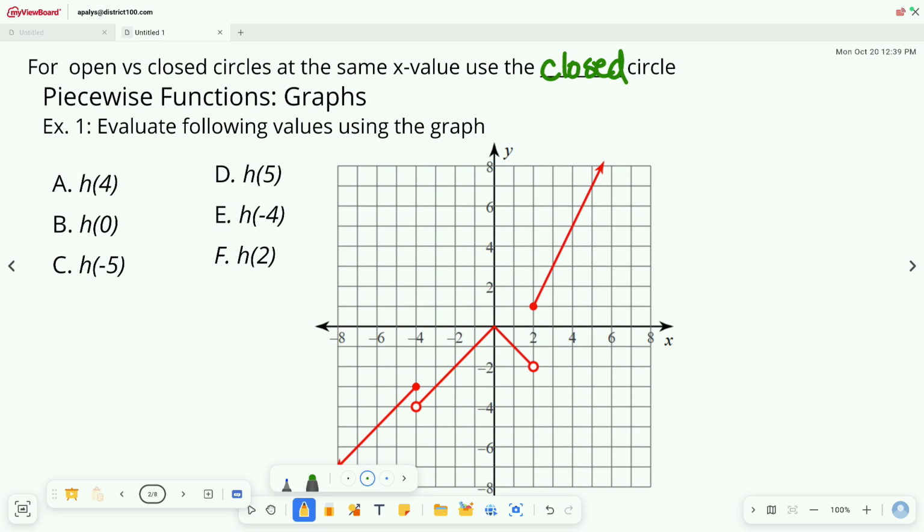Okay, so here we're trying to find h of 4. Again, if a number is in the parentheses, what is that value? The x. So we need to find where x equals 4. X equals 4 right here. We have to see where it hits the graph. What's the y value? 5. That's your answer.